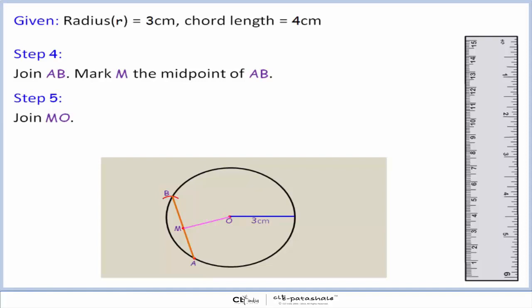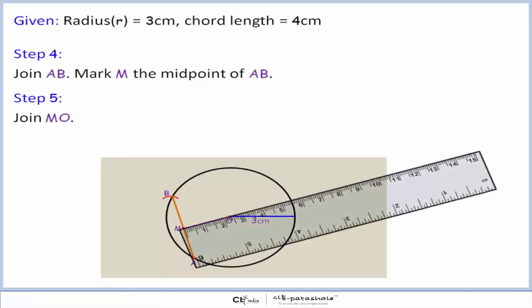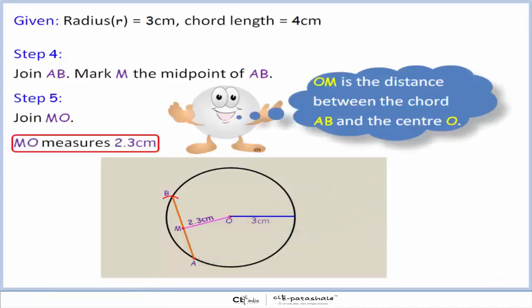Step 5. Join MO. OM is the distance between the chord AB and the center O. MO measures 2.3 cm.